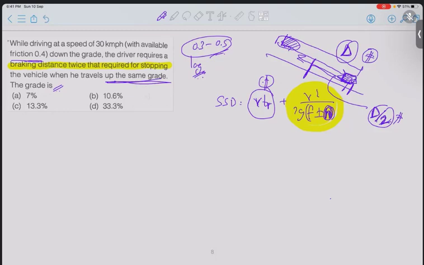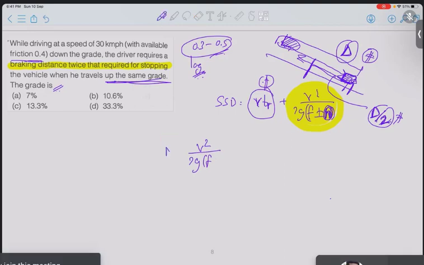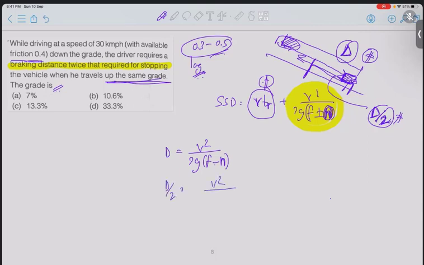So braking distance is given as v square by 2g(f plus minus n). Let's write this d as v square by 2g(f minus n), because now we are saying that it is going downhill. Then d by 2 is v square by 2g(f plus n).